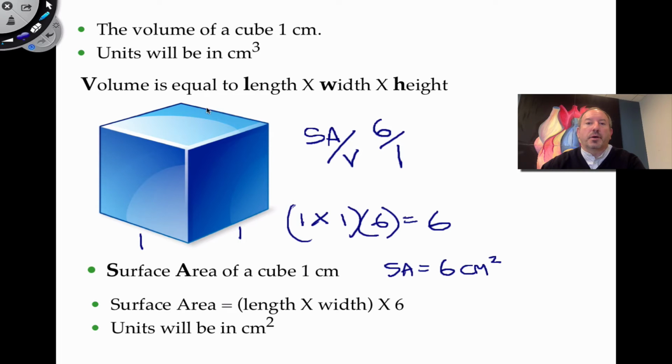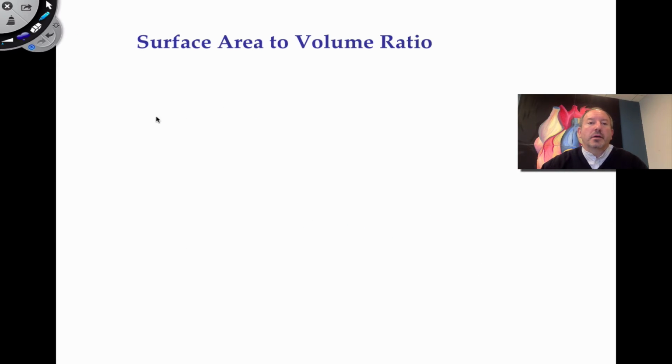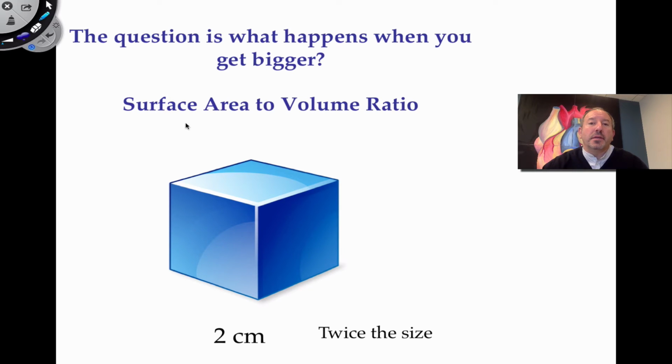So surface area over volume is going to be 6 to 1. Let's take a look now and see what would happen if the cell gets a little larger. So there's a question: will surface area to volume change?